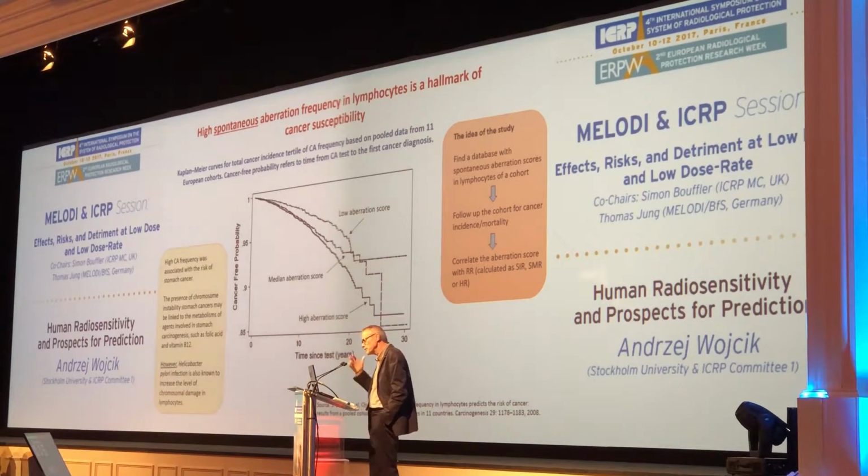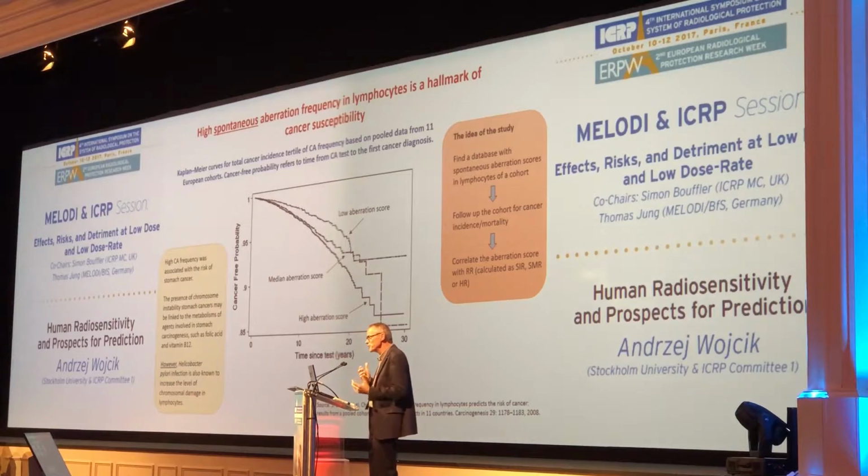So he set out in the world and he was looking for databases, and there are a number of databases where people starting a job somewhere are asked to give their blood, and their baseline level, the spontaneous frequency of chromosomal aberrations, is studied.